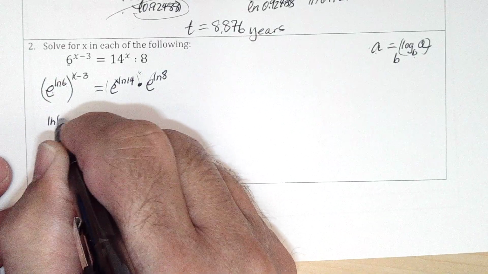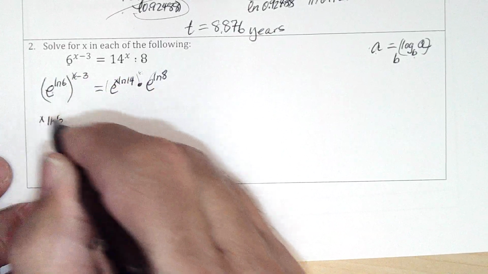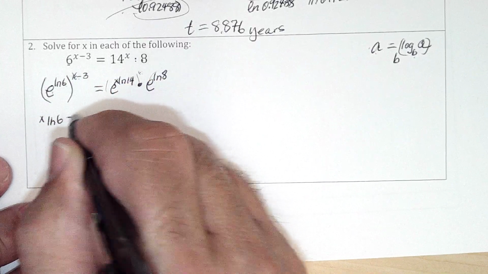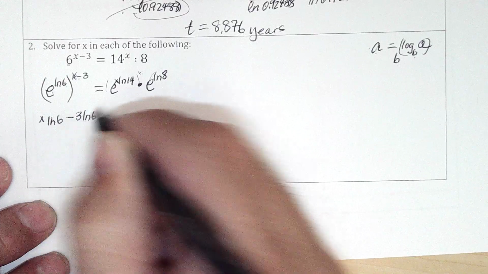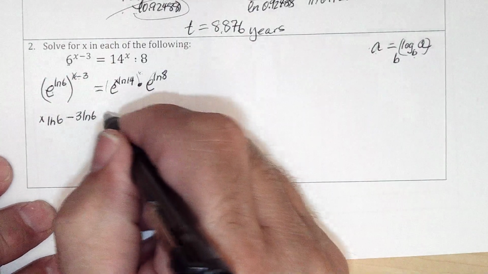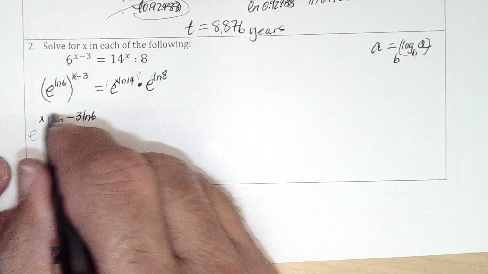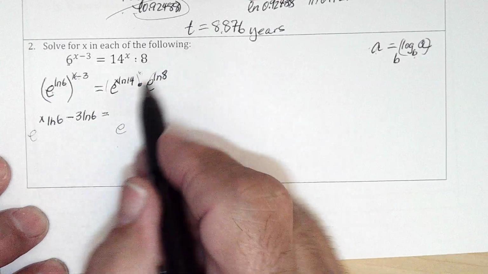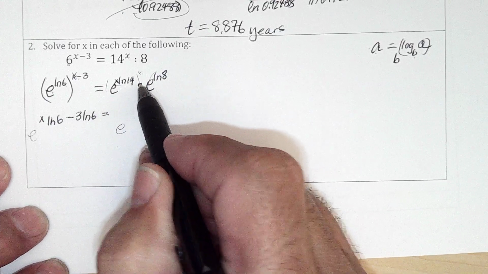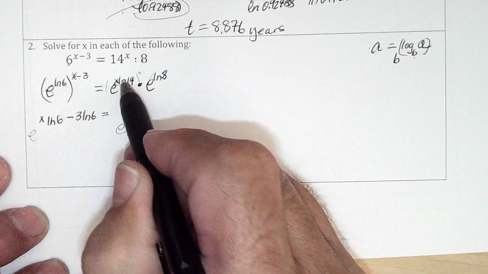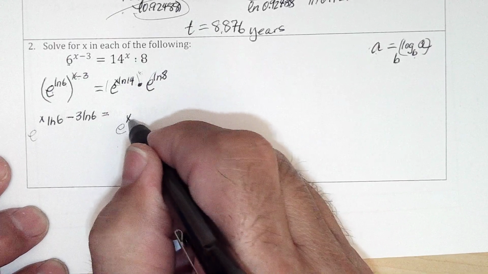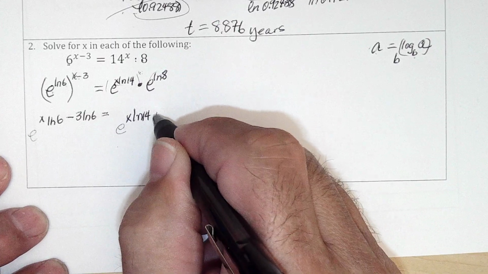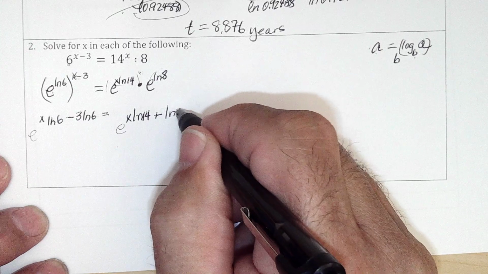So I'm going to get ln of 6 times x. And then we're going to get ln 6 times the negative 3, minus 3 ln 6. And it would be e to this power equals e to this power plus this power, because when you multiply, you add the powers. x ln 14 plus ln 8.